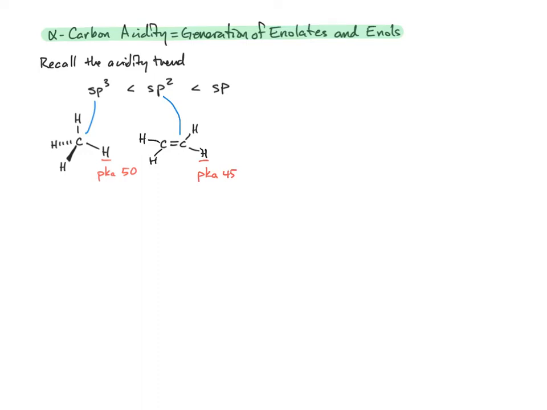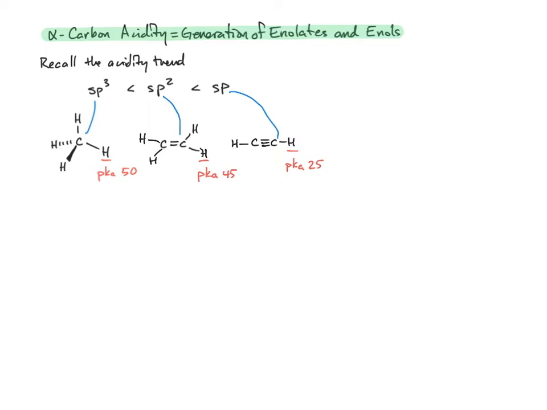And then finally, if we're looking at acetylene, with sp hybridized carbon, the pKa value drops considerably to 25. And again, we rationalize that based on the percent S character.